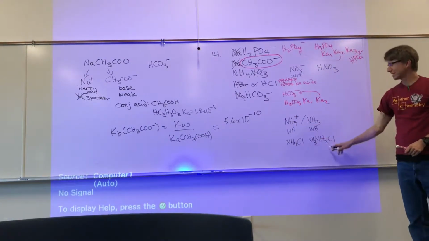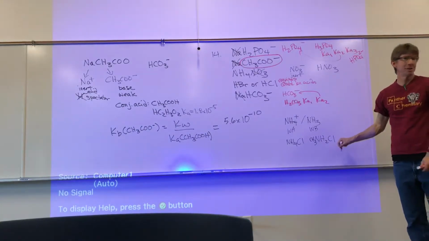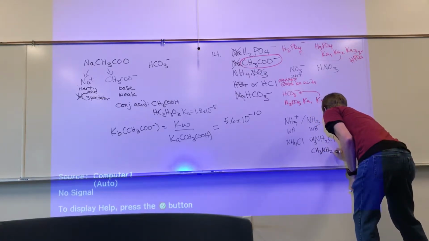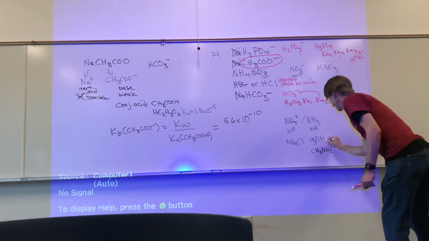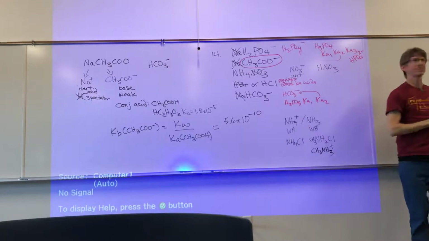I don't know. Have we seen this before? Have we not? I don't know, but I've seen chloride before. And so the rest of it. See, I even did the formula wrong. There we go. With a plus.